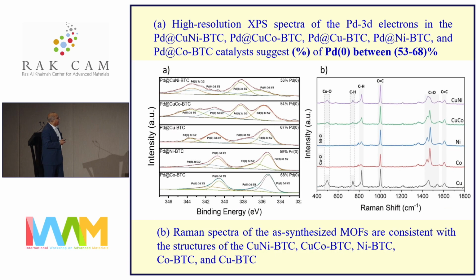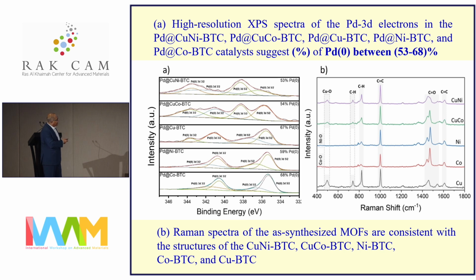However, this is another important point I should mention: the activity of palladium catalysts in cross-coupling always correlates with the percentage of palladium 0. So you need the catalyst to have the highest amount of palladium 0 as opposed to palladium 2+.